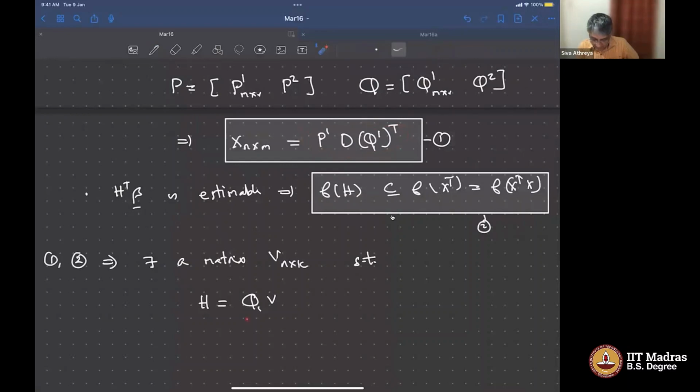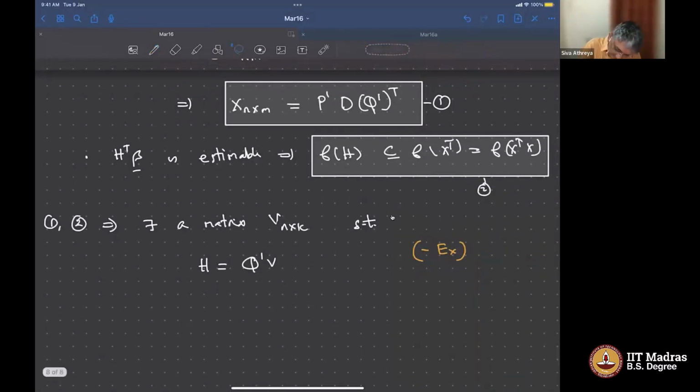That's why you have Q1 times V. It's a simple linear algebra exercise. And we also know that this matrix has rank K.